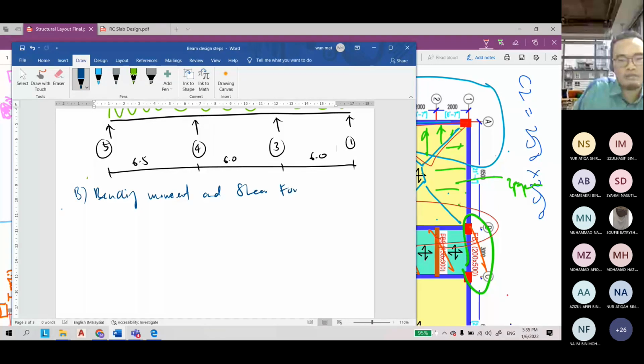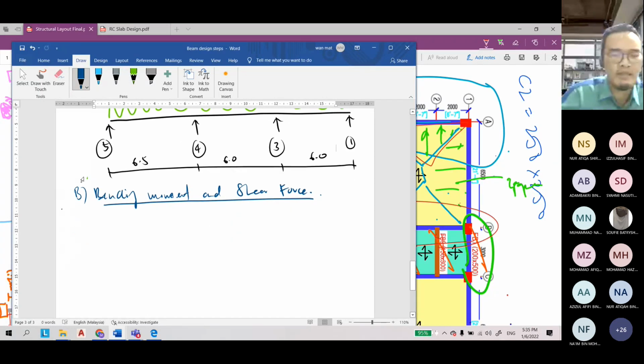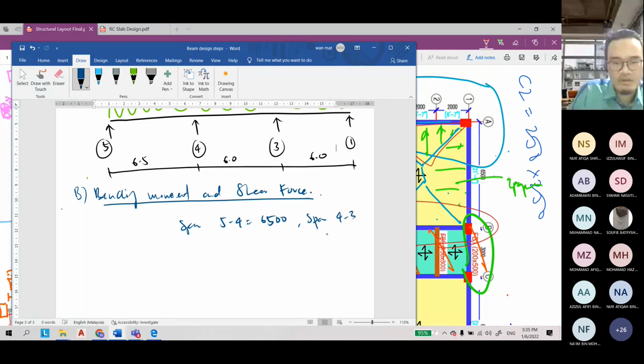Since in my case, I can use the equations because the difference of the spans is not more than 15%. Let's say the span of 4 to 5 is equal to 6,500 and span 4 to 3 is equal to 6,000.